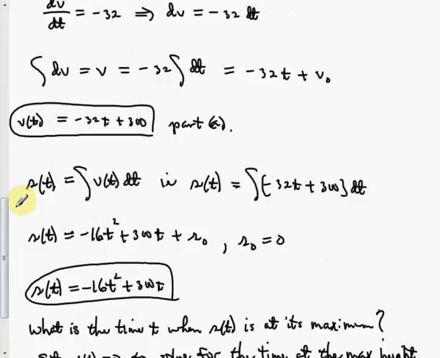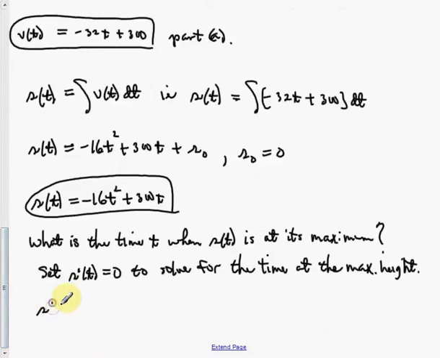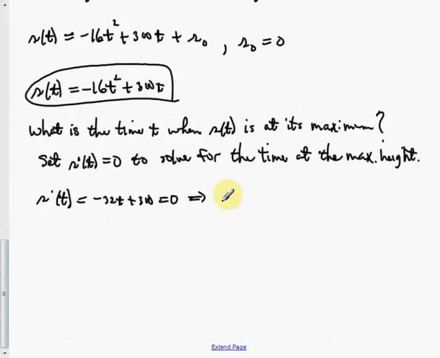The velocity, right? The derivative of the position of that height equation, that's just v of t. So here, s prime of t, take the derivative, you get negative 32t plus 300 equal to 0. When you solve for t, t is equal to 300 over 32. What does that give you?